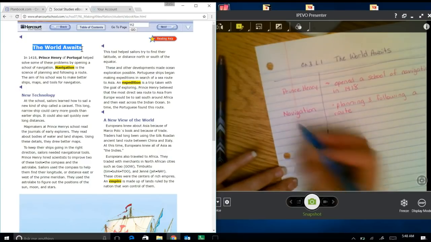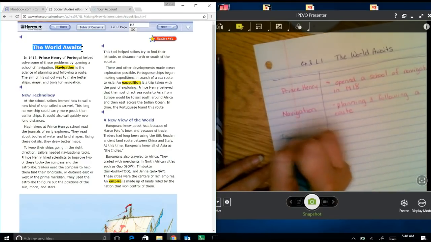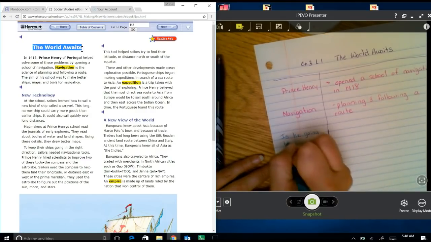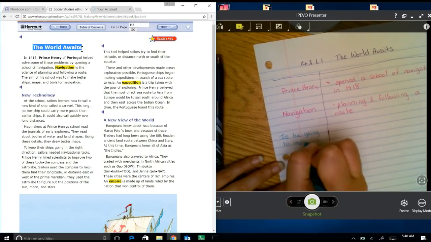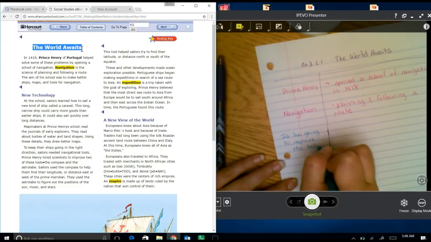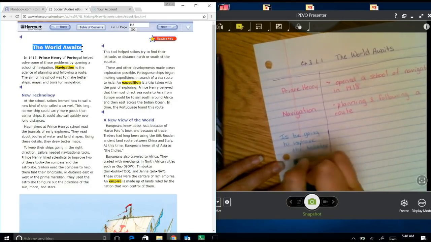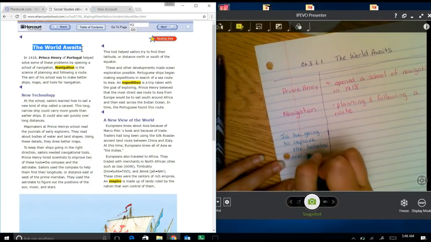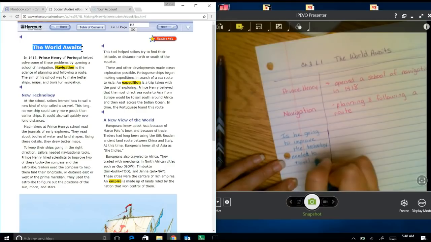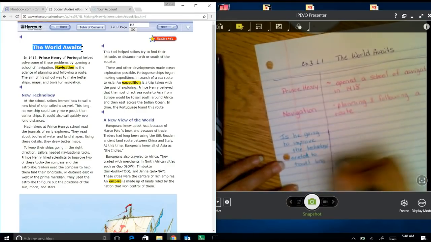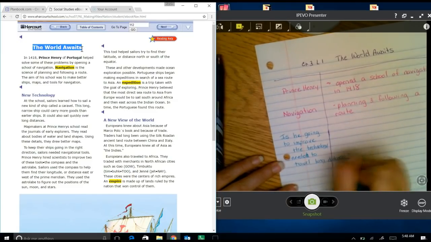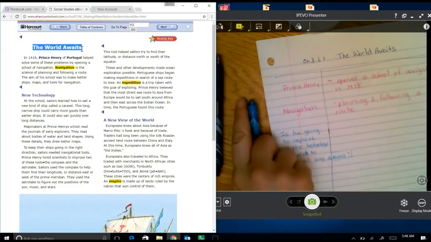Okay, so I'm going to write myself a quick little note here. Is he going to improve the technology needed to travel long distances? Let's find out.